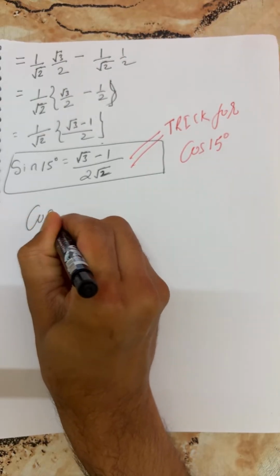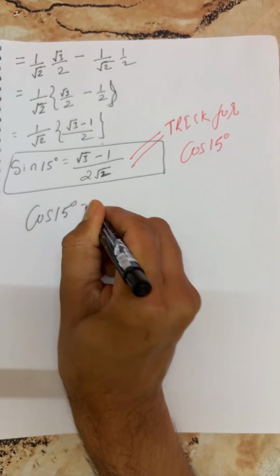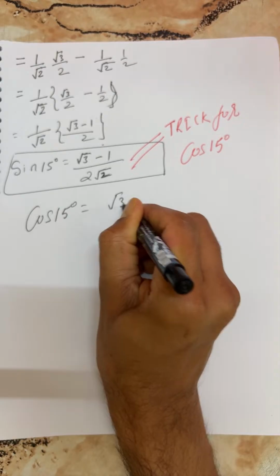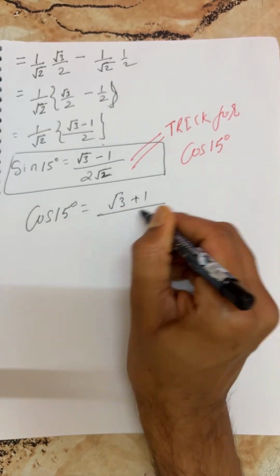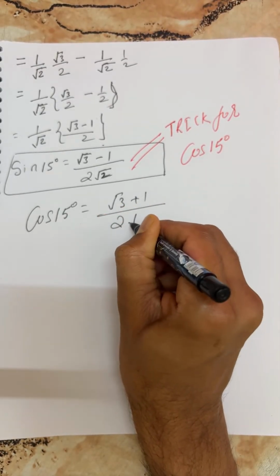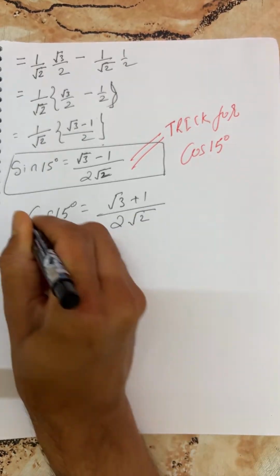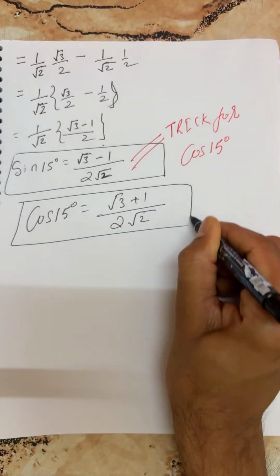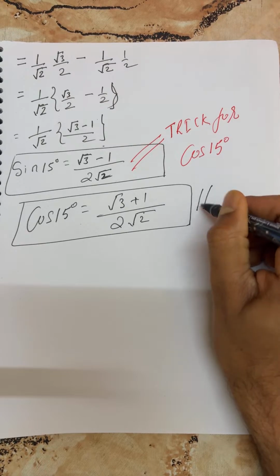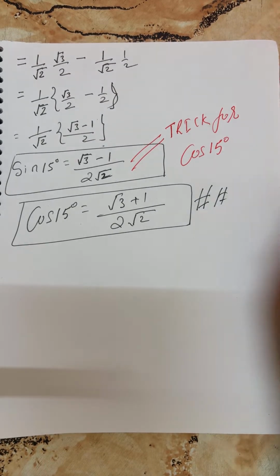Simply write root 3 plus 1 upon 2 root 2. So we remember these, beta; they are very useful, kids.